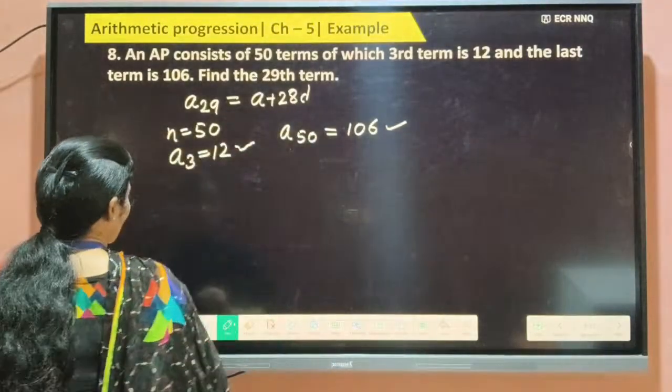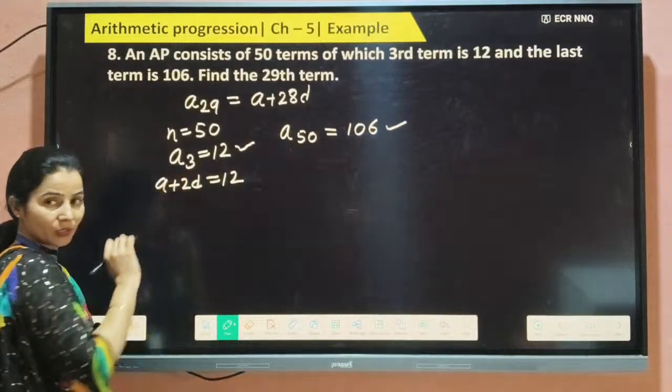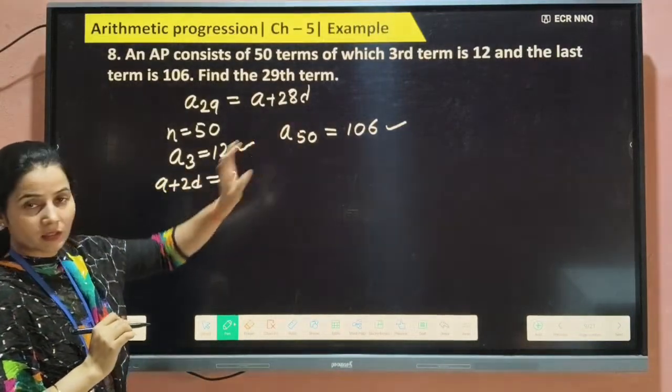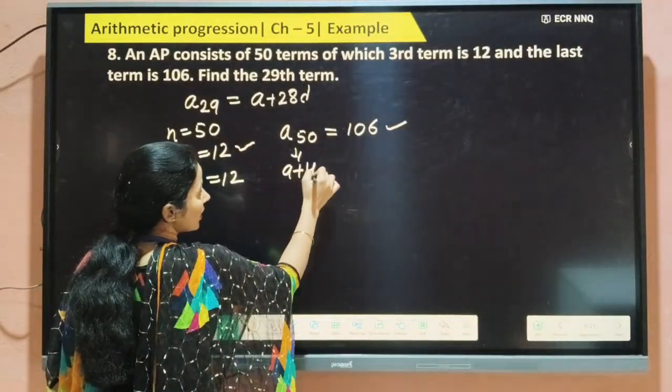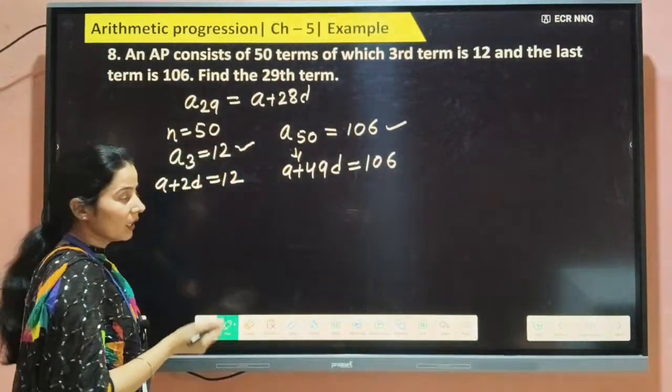So the third term I can write as A plus 2D equals 12, and the 50th term is 106, so I can write A plus 49D equals 106.